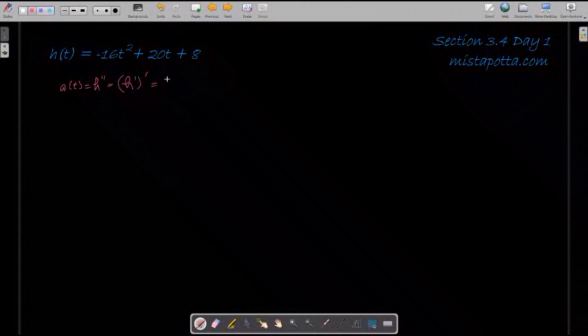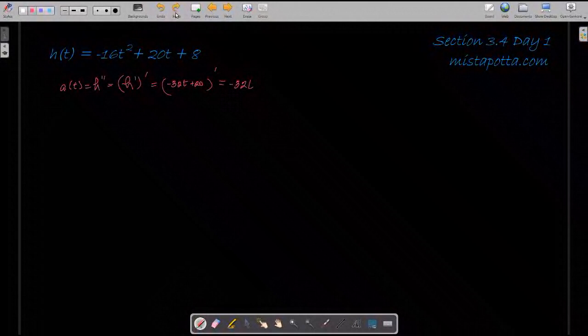So I want to take the derivative of negative 32t plus 20. And of course, the derivative of this function is just negative 32.